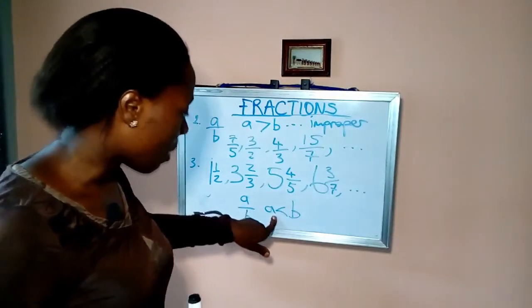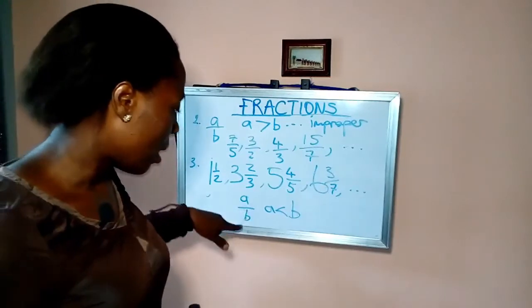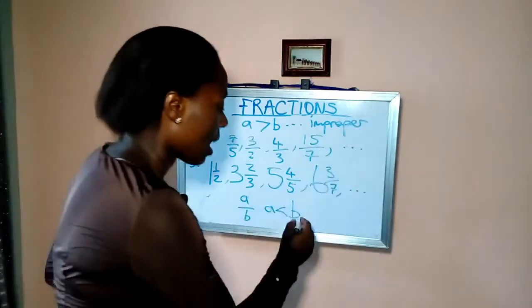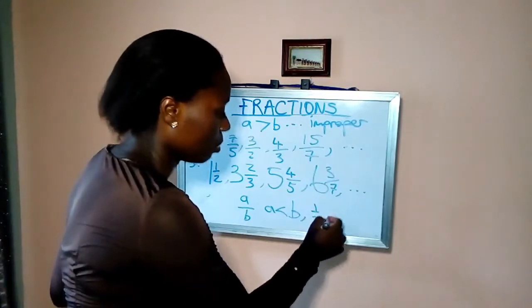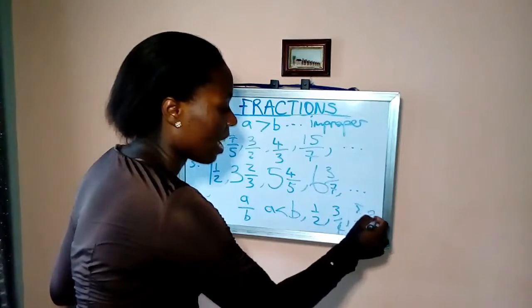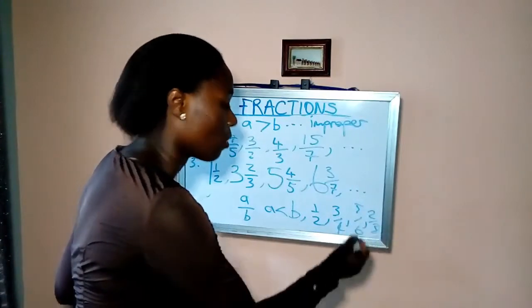Now when the numerator is greater than our b, we call it an improper fraction. We saw proper fraction examples like 1 over 2, 3 over 4, 5 over 6, 2 over 8, 1 over 4.